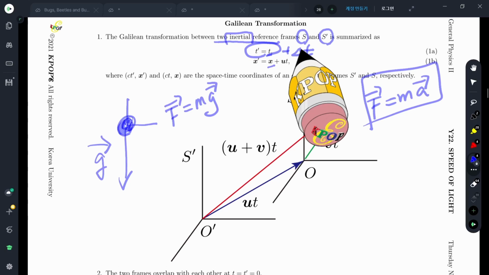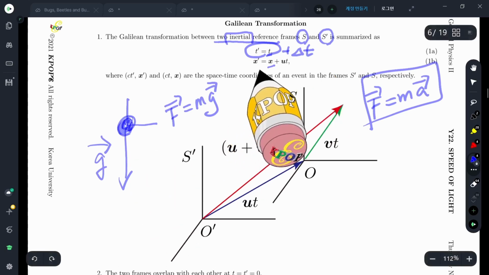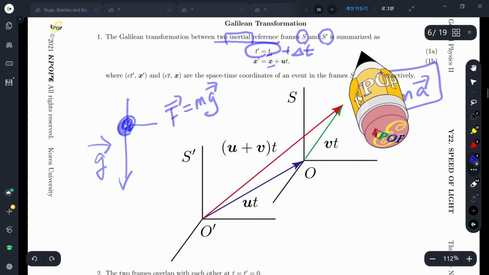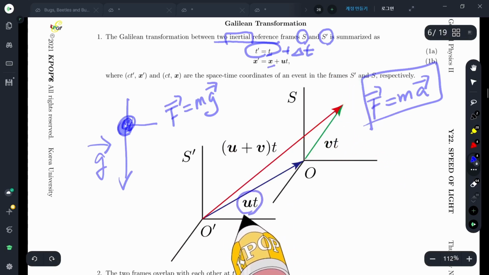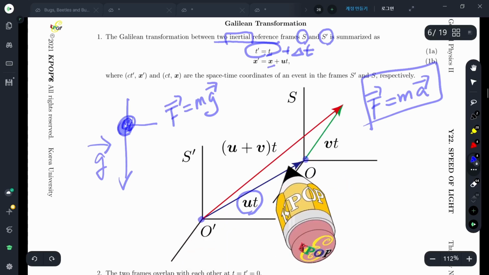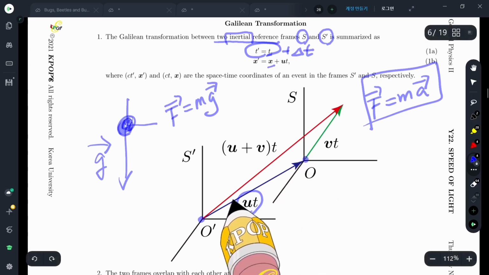The spatial coordinates can be described in the two different reference frames. If the relative motion of the two frames is u, then as time flows by t, and we assume that the two origins overlap at t equals t prime equals 0, the displacement from O prime to O is ut.